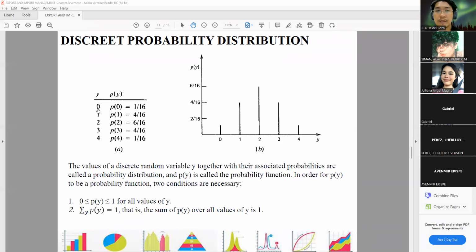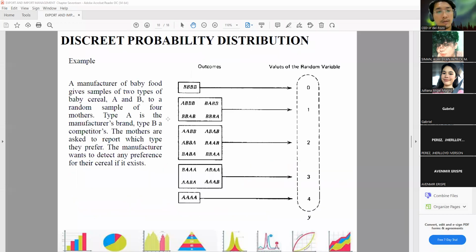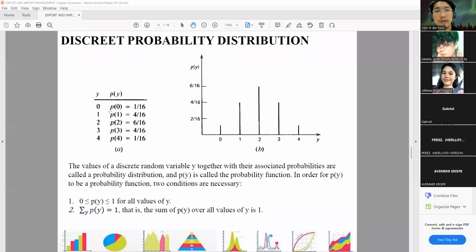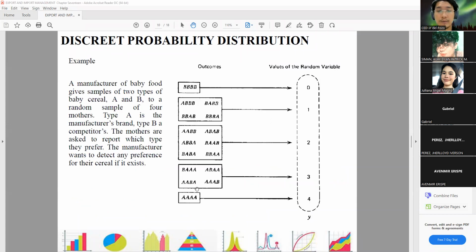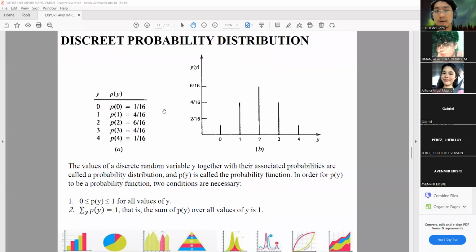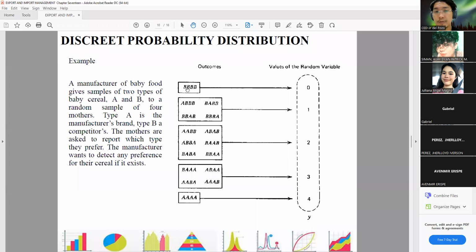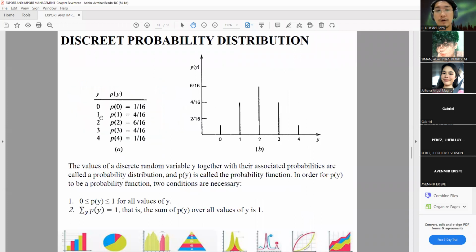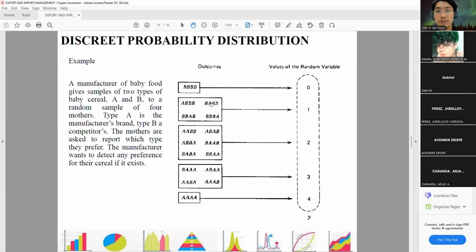For example, this one. Yung mother na, let's say, yung mother na may gusto ng A ay wala. So ano yung chance na yun? Na puro B lang ang sasagot nila. So that is 1. Merong isa kasi, yung B, B, B, B. For one mother that chose A, meron lang pumili ng isang A, that is 4/16. Kasi 1, 2, 3, 4.